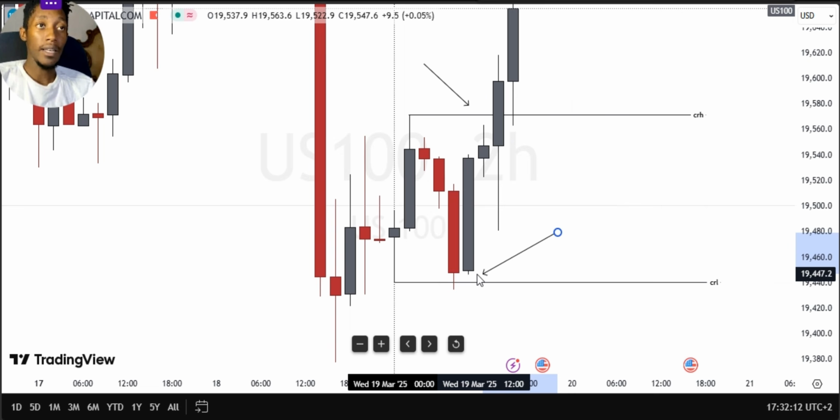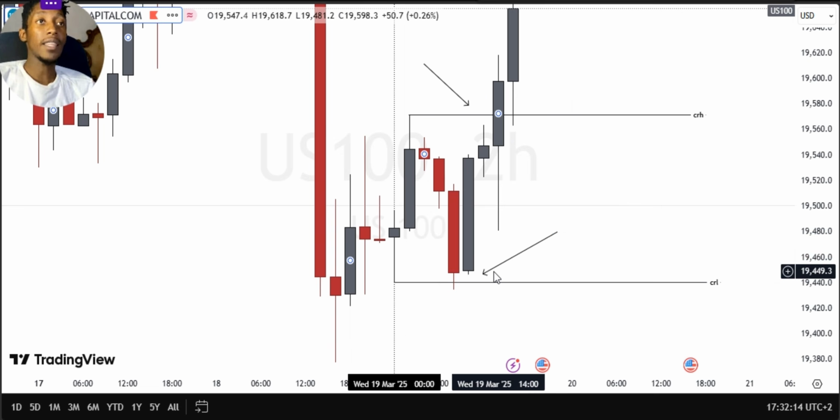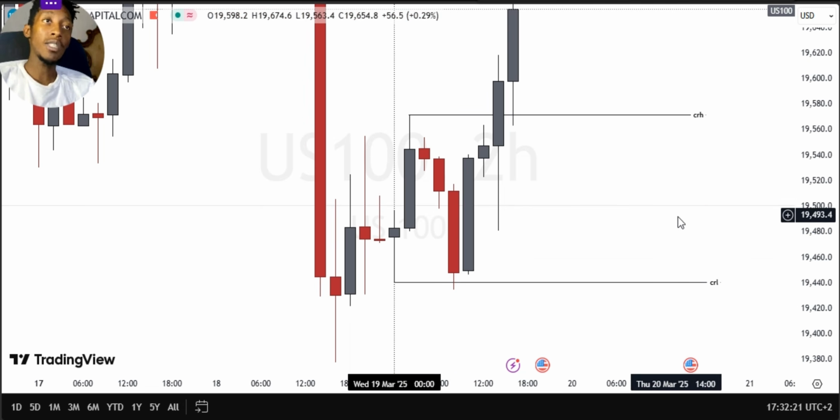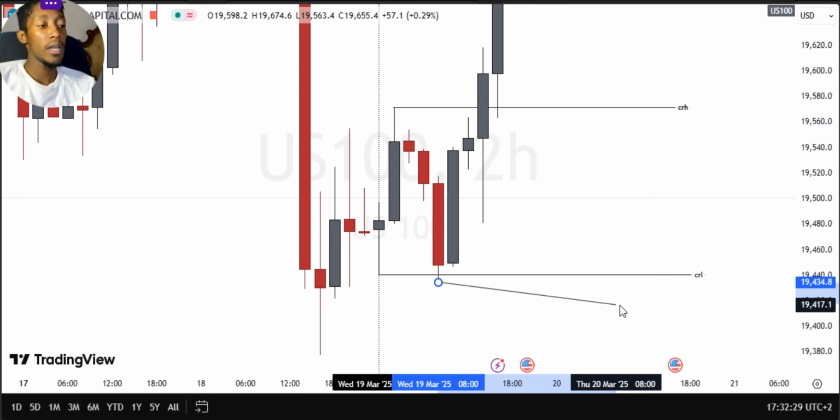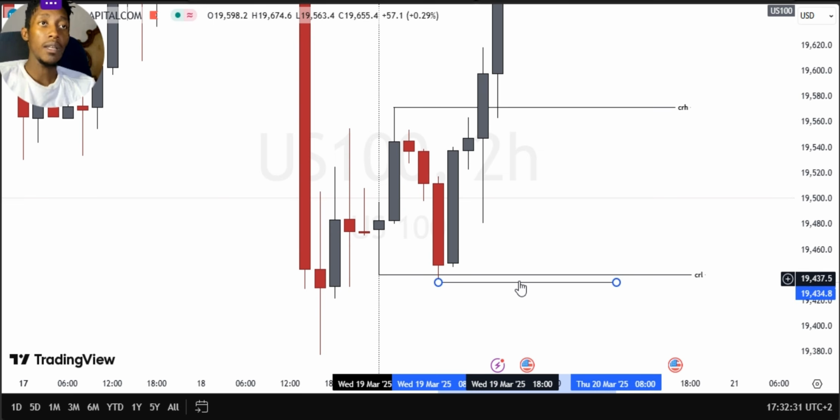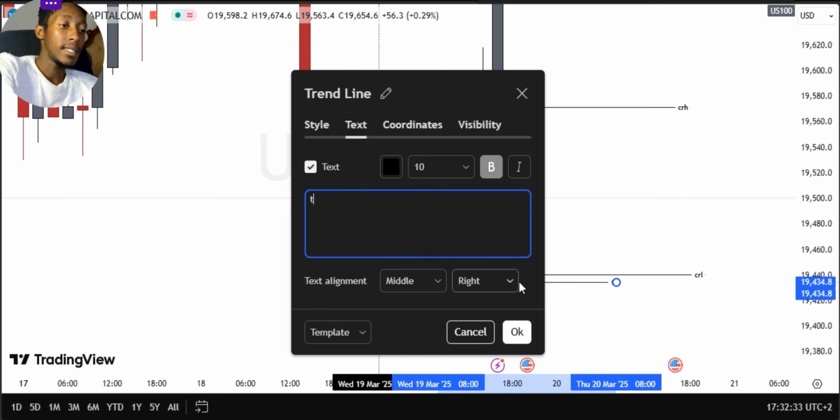After you are done spotting your liquidity sweep on a 2 hour time frame, you just mark that liquidity sweep. You can mark it as a liquidity sweep or a total soup. You can just write TLS, which is total soup.